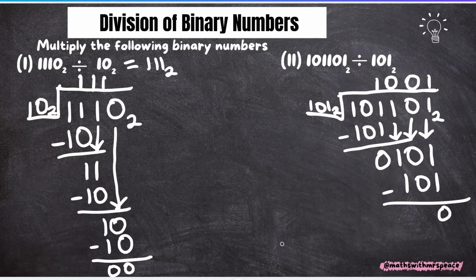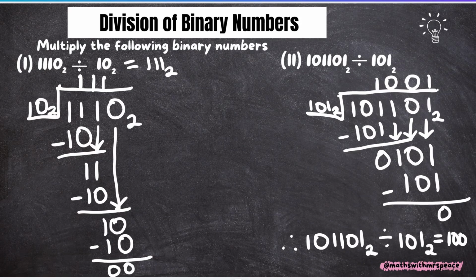So it means that 101101 in base 2 divided by 101 in base 2 is equal to 1001 in base 2.